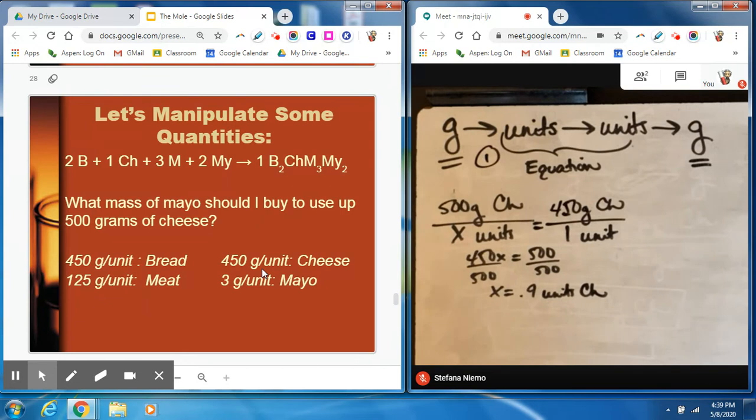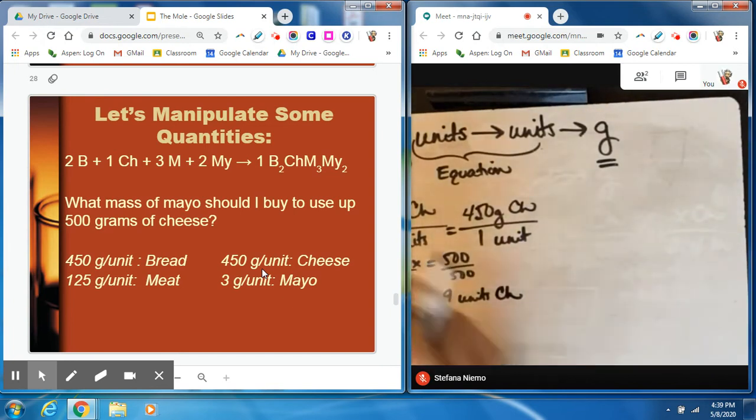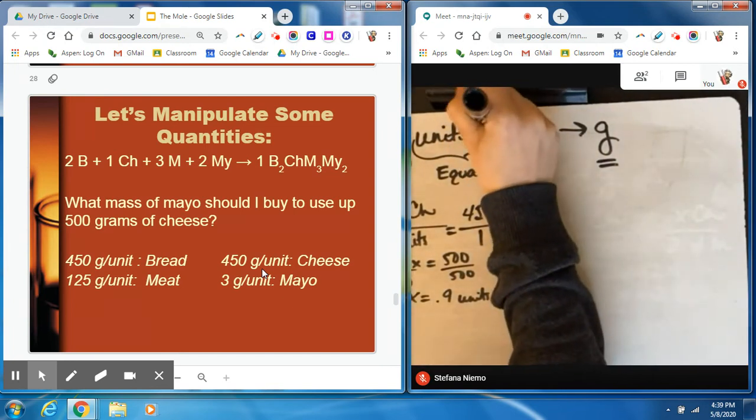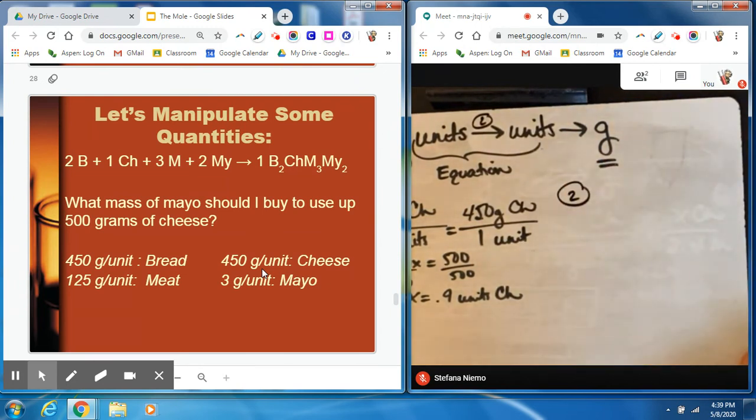So if I know that I have 0.9 units of cheese, then I can try to find a relationship between the units of cheese and the units of mayonnaise. What is the relationship of units of cheese to units of mayonnaise, for step 2? Well, we have to look at the chemical equation for that.